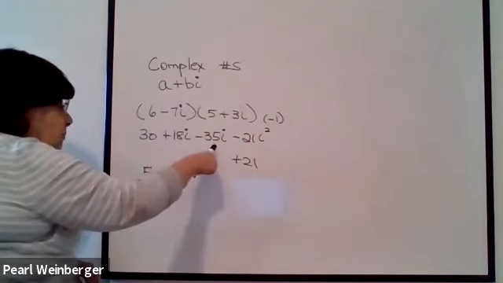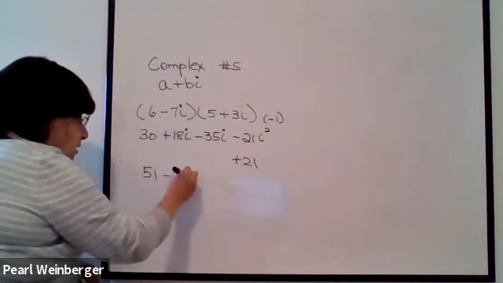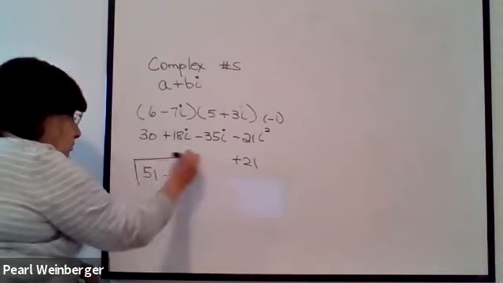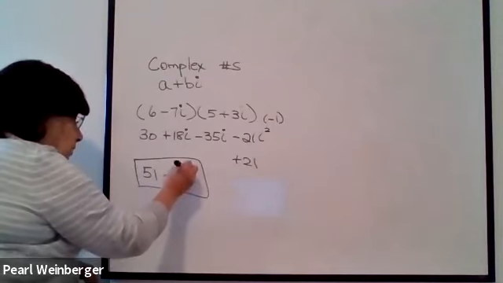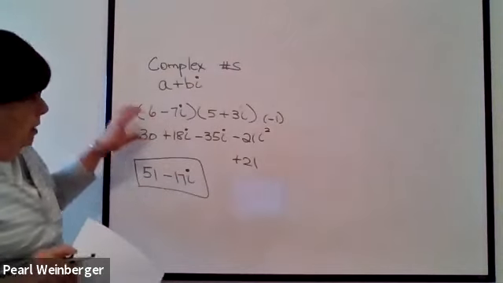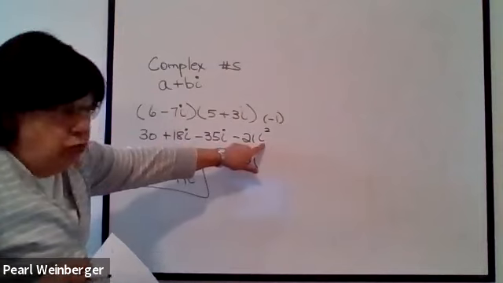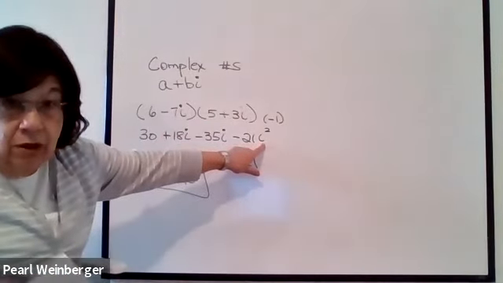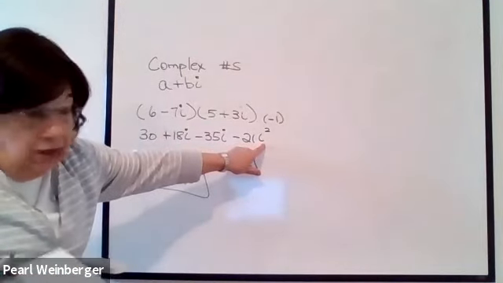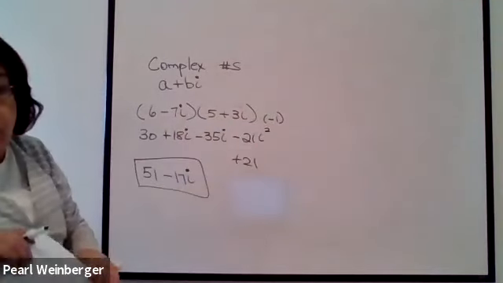And the 18i minus 35i is -17i. And that's my answer. I can't go any further on this because these are not like terms. But again, you can multiply complex numbers as long as you remember to be careful when you're doing i times i, that you get the i squared and replace it with a -1.